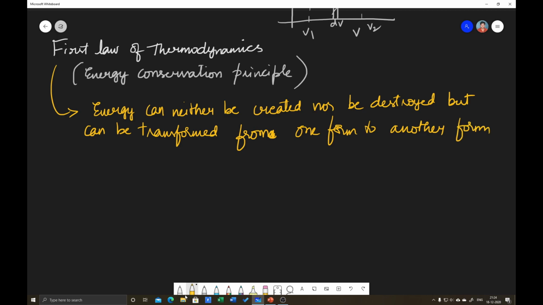This is the energy conservation principle which we have studied in school physics.